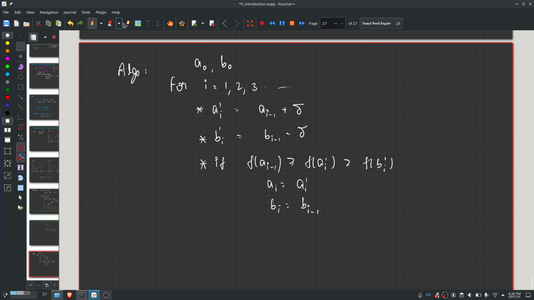So my original search space was A_{i-1}, B_{i-1}. My new search space is A_i, B_i.